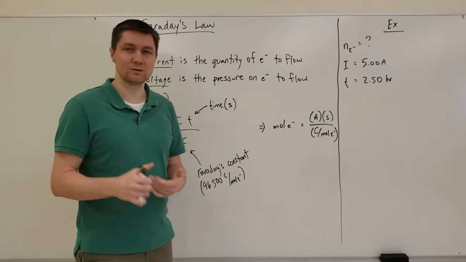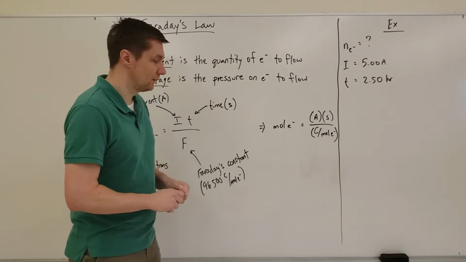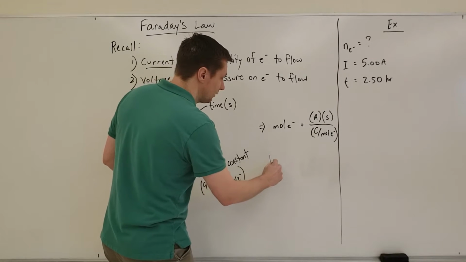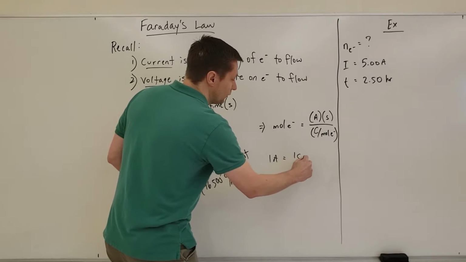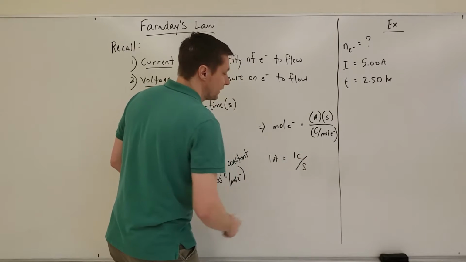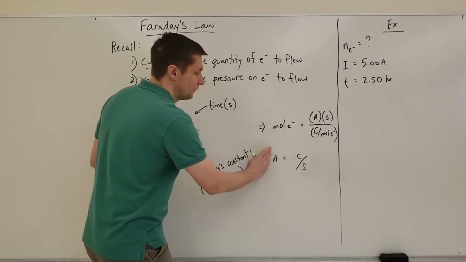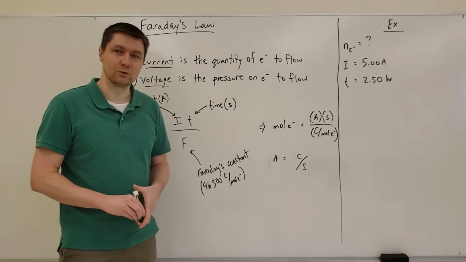And it turns out that if you take a look in your data booklet, you can see that 1 amp is equal to 1 coulomb per second. So in other words, if we just take these numbers away, 1 amp is equal to a coulomb per second.